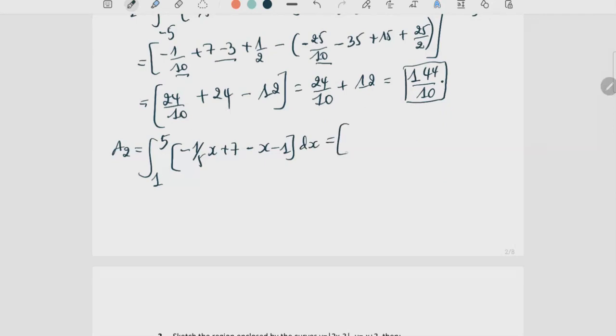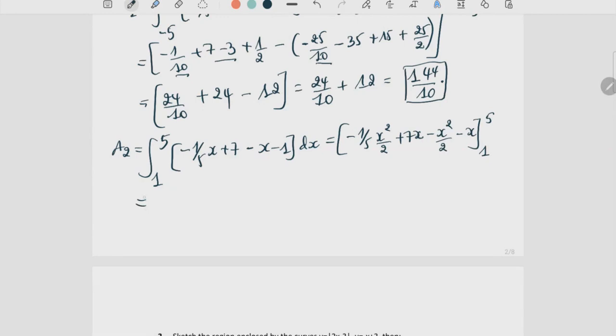And this will give you negative 1 over 5 x squared over 2 plus 7x minus x squared over 2 minus x. And this is evaluated between 1 and 5.